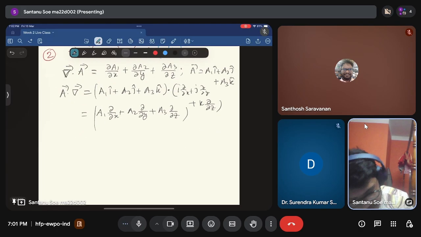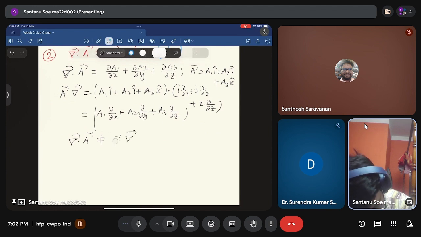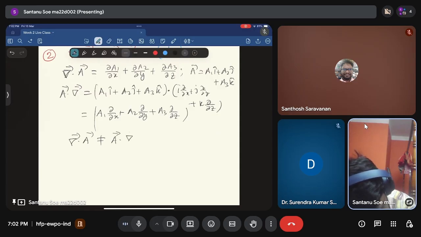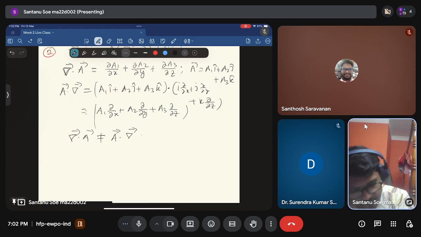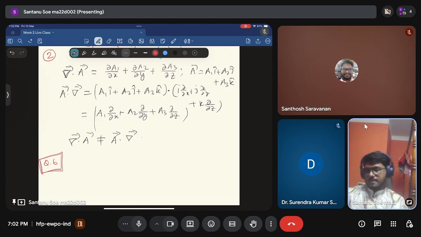So from here we can see that this may not be equal. Okay, I hope this is clear now. Is there any doubt now? Any doubt?